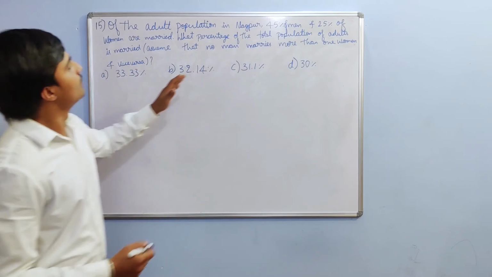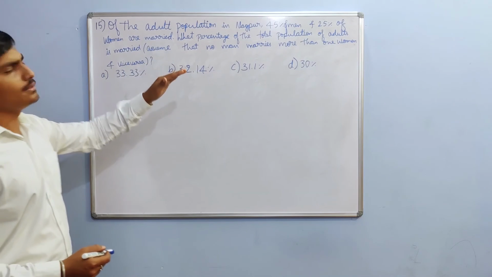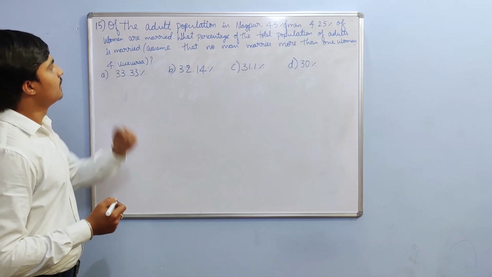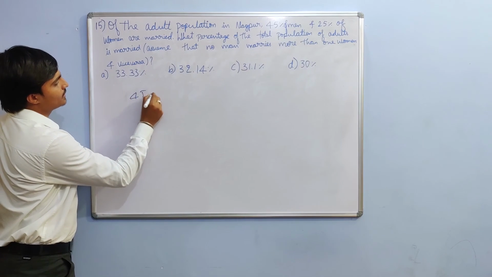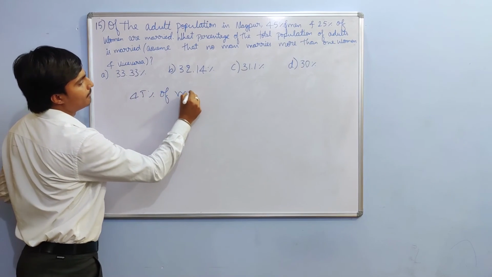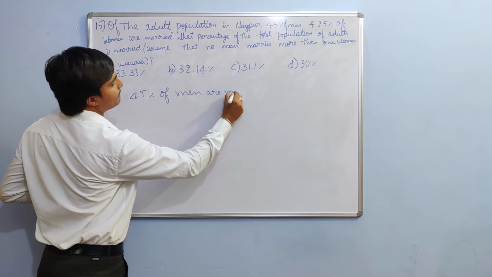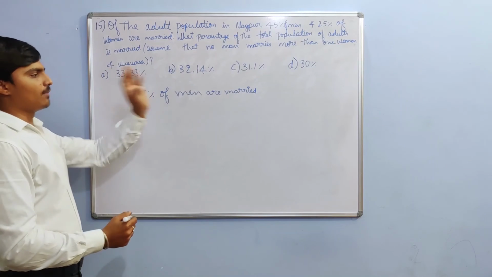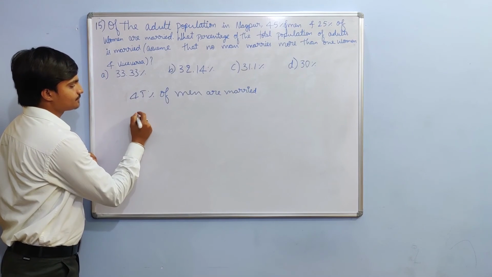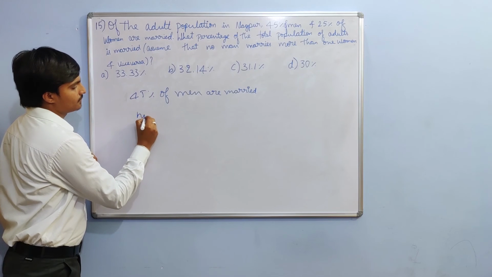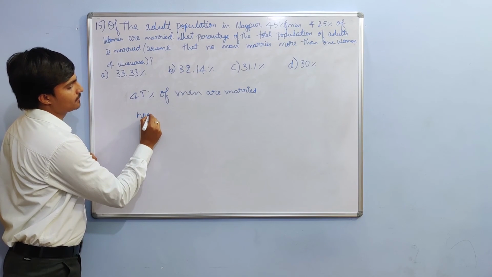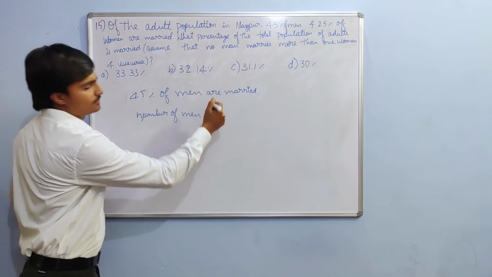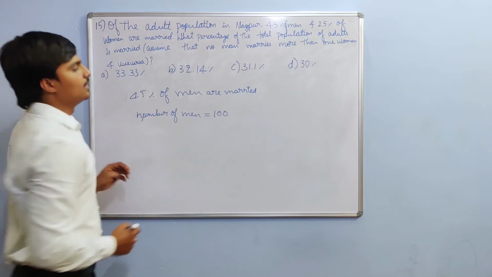They have given 45% of the men are married and 25% of the women are married. So 45% of men married. And let's assume the number of men be 100.